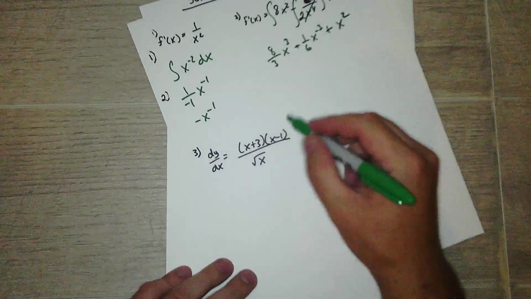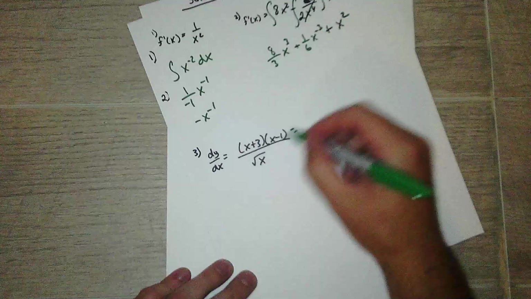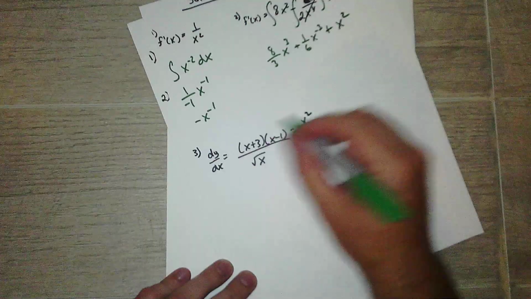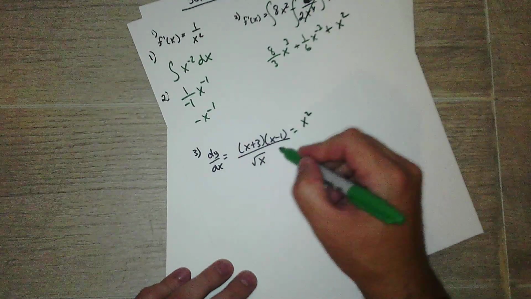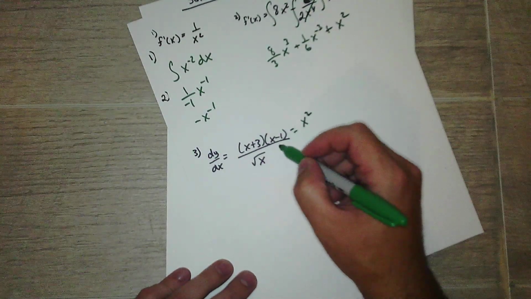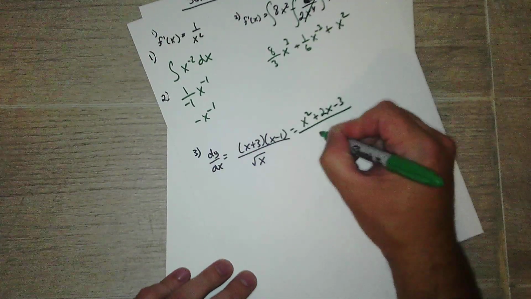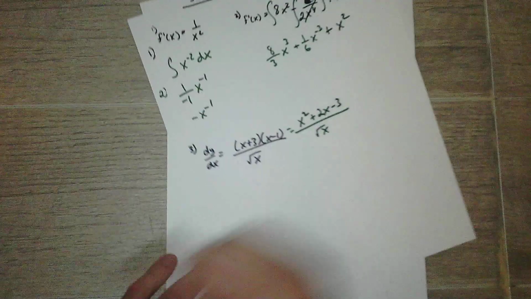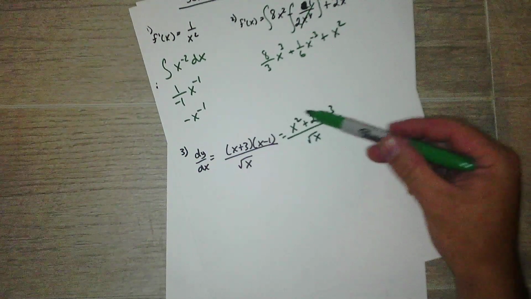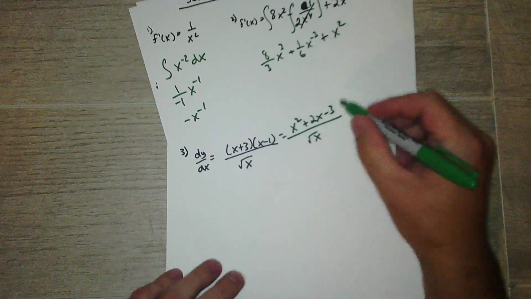And now this one. So you should have cleaned this one up. You should have pulled this out, because you can't integrate it like that. So we get x squared, negative x, and positive 3x, this is positive 2x, and negative 3, over the square root of x. Okay, so how do I integrate this? So I just have two different functions.